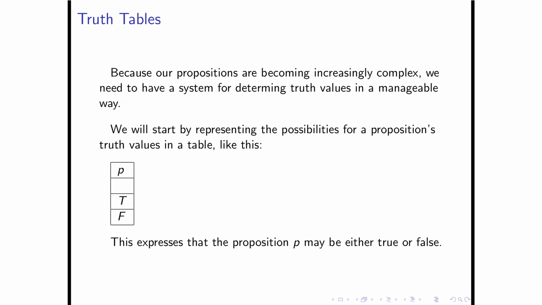You could have the proposition: negation P, conjunction, negation Q, conditional, Q, biconditional, P, exclusive or Q. Anyway, the point is, very complex propositions. And as they get more complex, it is harder and harder to reason about their truth value in any given scenario. P may be true, Q may be true, or each may be false, right?